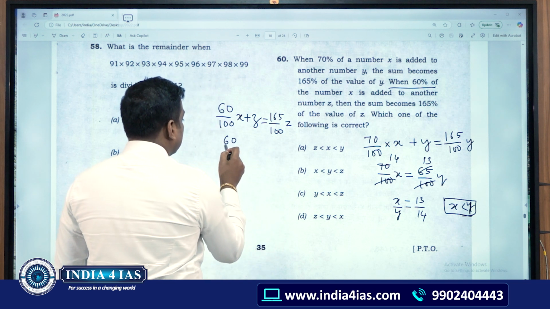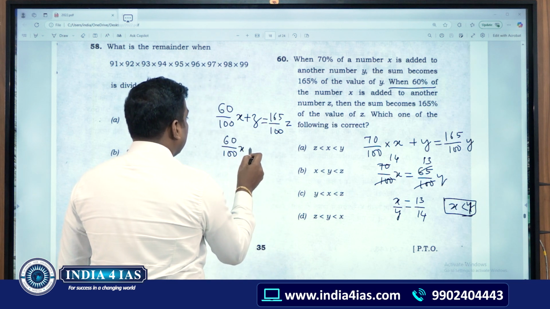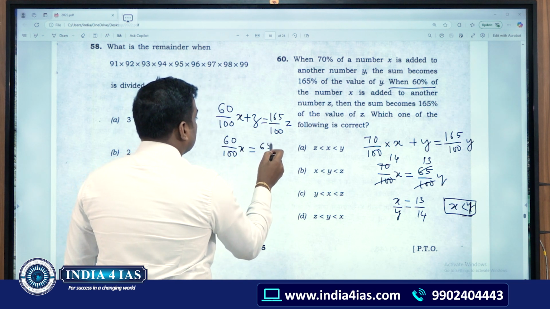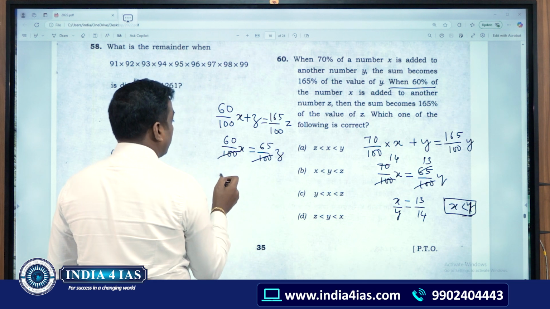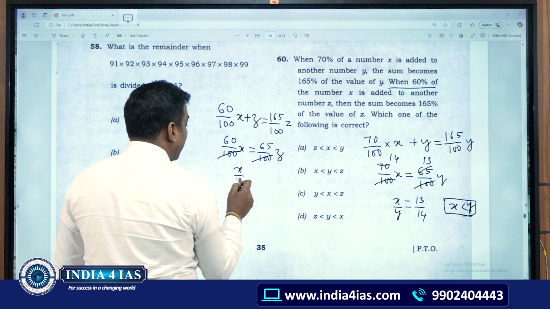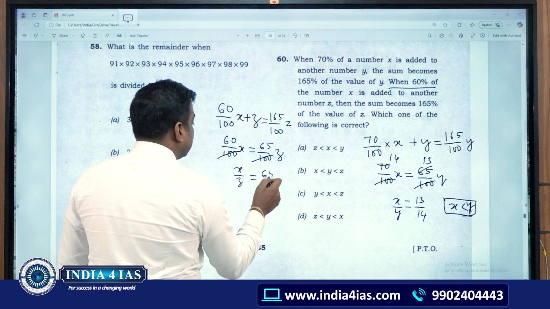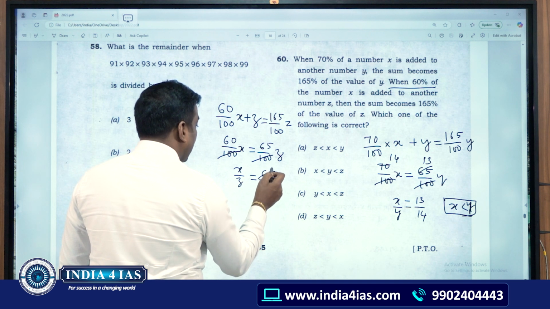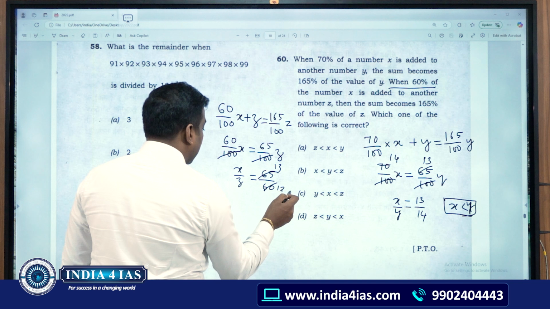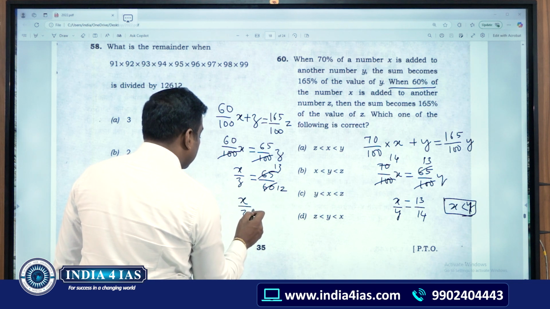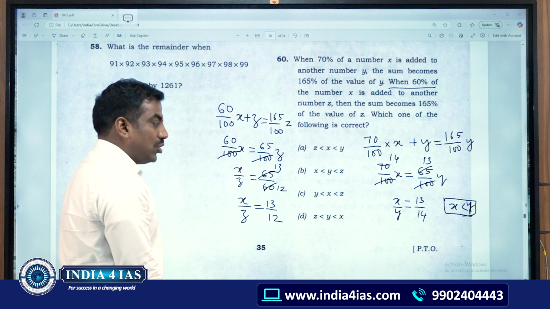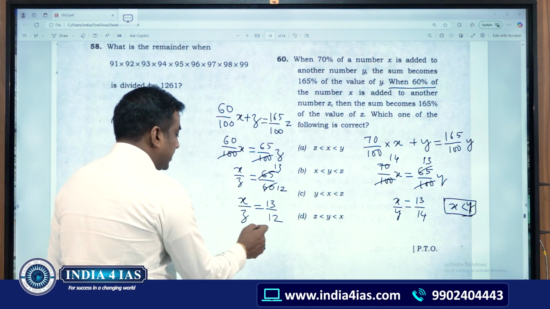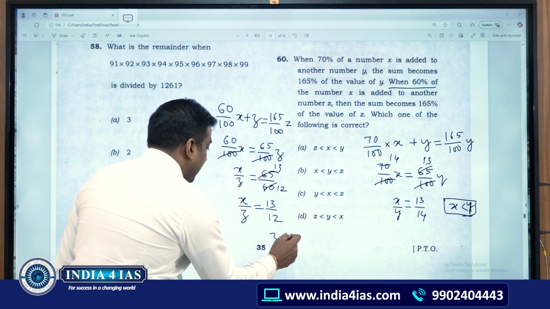So 60% of x is equal to 65 by 100 of z. 100 gets cancelled. So x by z is equal to 65 by 60. That is 5 13s are and 5 12s are. So x by z is equal to 13 by 12. In this case, z is less than x.